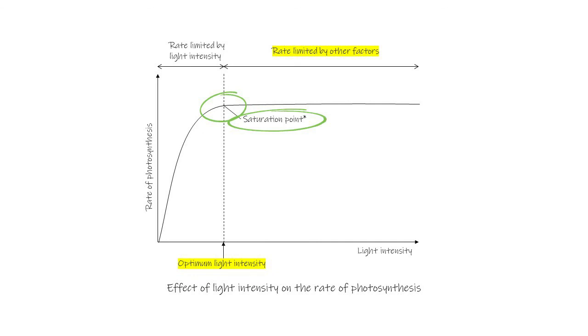The rate is now limited by other factors such as carbon dioxide concentration and temperature. The light intensity at the saturation point is called optimum light intensity. At very high light intensities, chlorophyll may be damaged and the rate of photosynthesis drops.